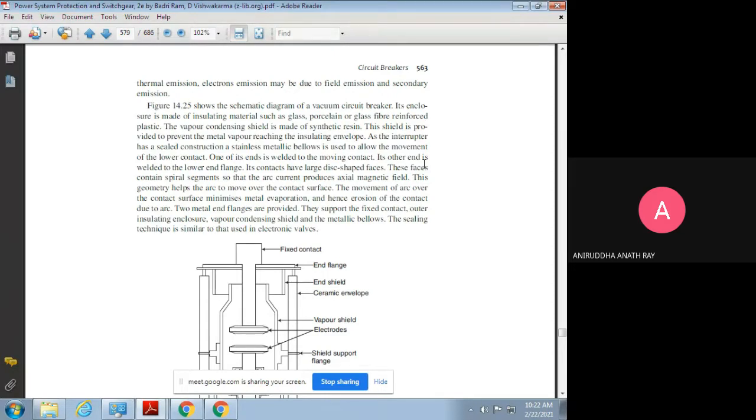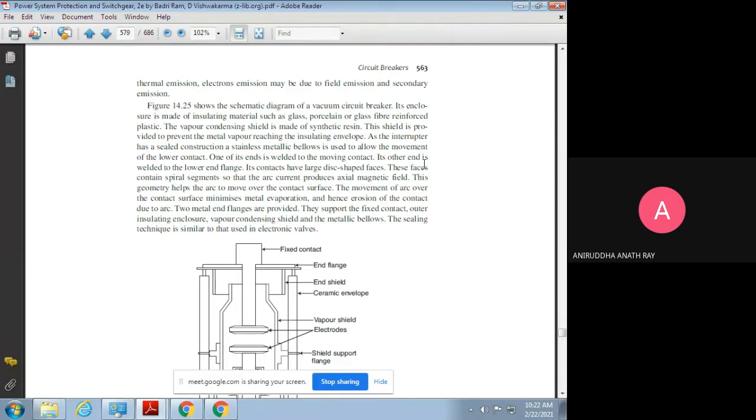These faces contain spiral segments so that the arc current produces an axial magnetic field. This geometry helps the arc to move over the contact surface.